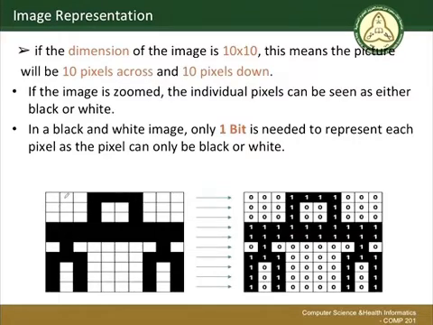And if the image is only black and white, it is represented with only one bit, because one bit is able to represent two values, which are black and white. As I said, this image has a white background, and usually you will not see the pixels. But if I zoom in, we will see that here, for example, the 0 is a representation of white and the 1 is a representation of black.